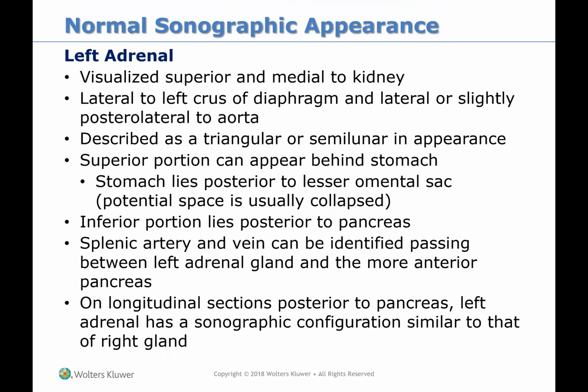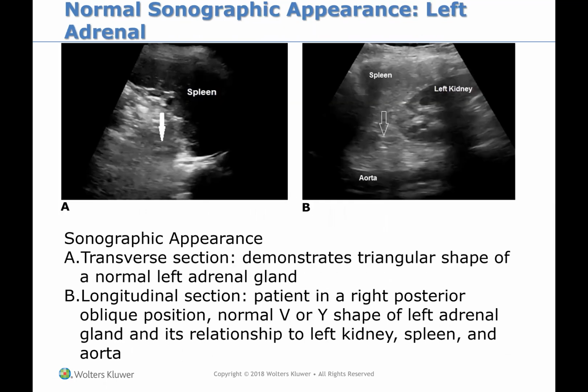The left adrenal gland is going to be visualized superior and medial to the kidney. It's so difficult to see, guys. It's like ovaries on a transabdominal scan. You just do the best you can, but sometimes you think, oh man, ultrasound is just not very diagnostic for this.